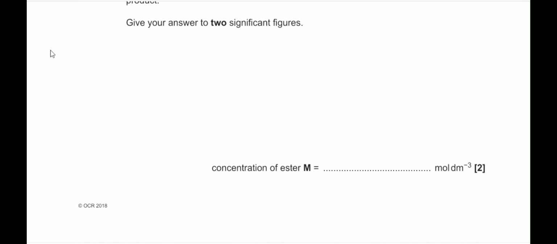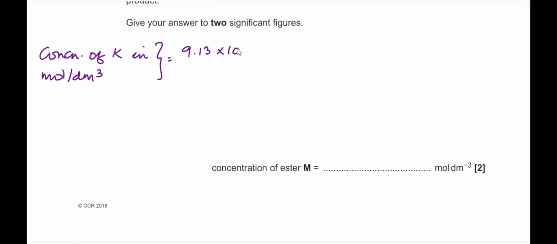So we could start by saying, concentration of K in moles per dm cubed is equal to, we need to divide the mass by the MZ value to get the moles per dm cubed concentration. So we have mass is equal to 9.13 times 10 to the power of minus 2 divided by its MZ value of 166, which is given in the question.